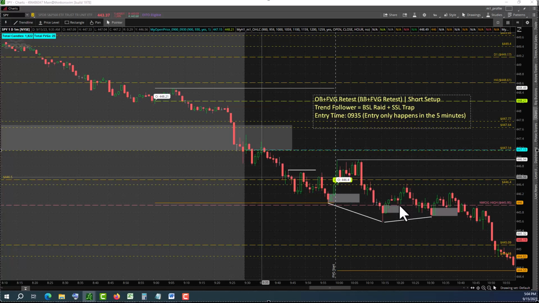What else do we want to say in this? We can see that, do not move your stop loss or take early profit, stay with the trade because it's going to move all the way down.